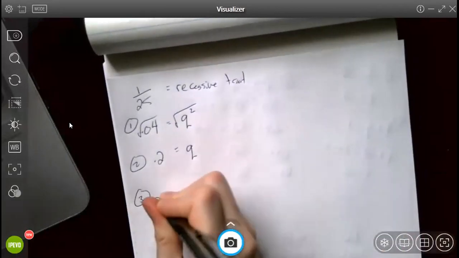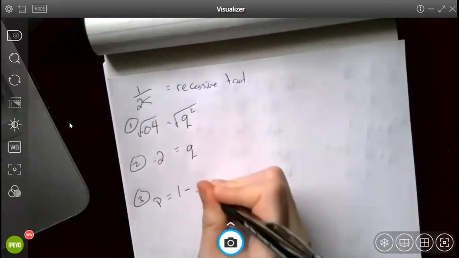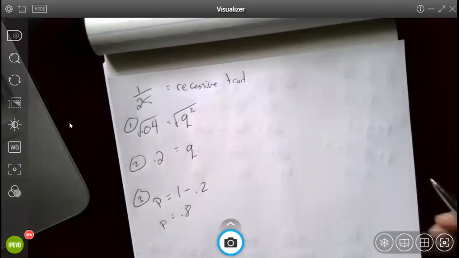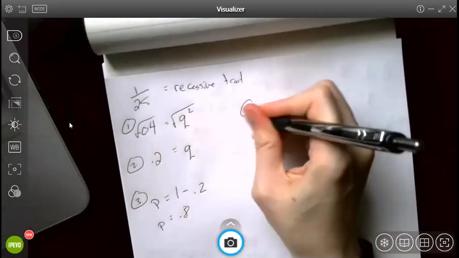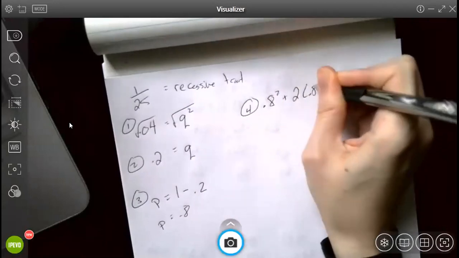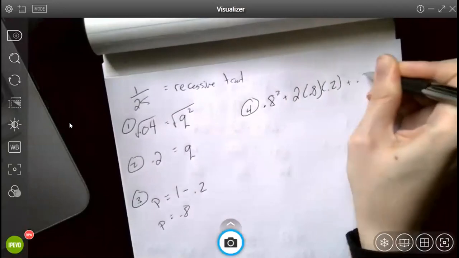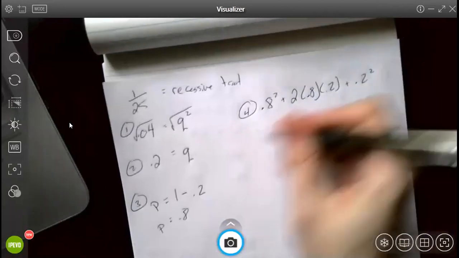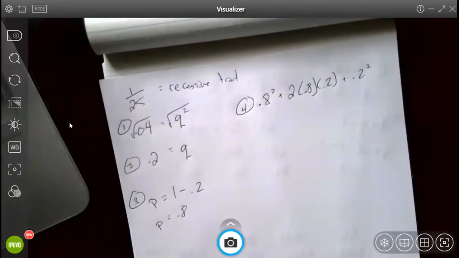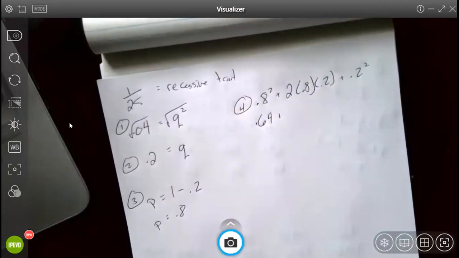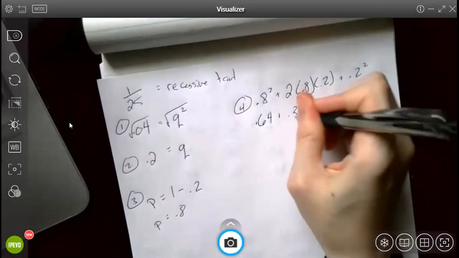Then I can find my p. It's going to be 1 minus the 0.2, so 0.8 of the population is going to carry the dominant allele. Then I can go to my p squared plus 2pq plus q squared. 0.8 squared is 0.64. 2 times 0.8 times 0.2 is 0.32.